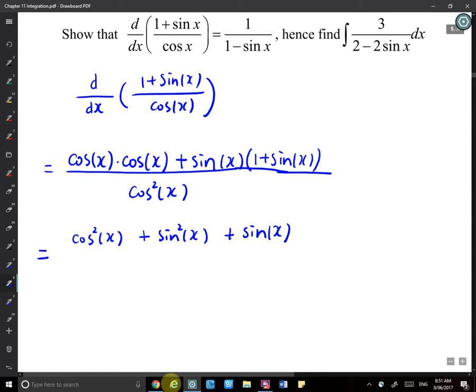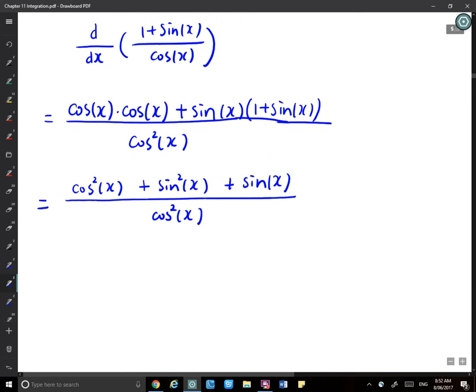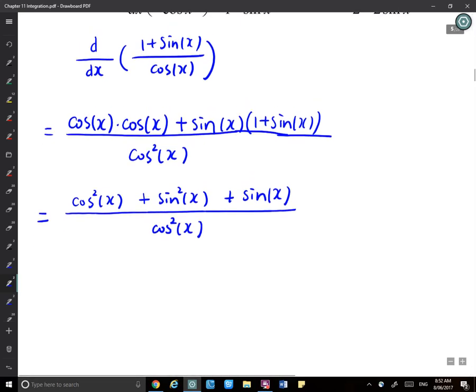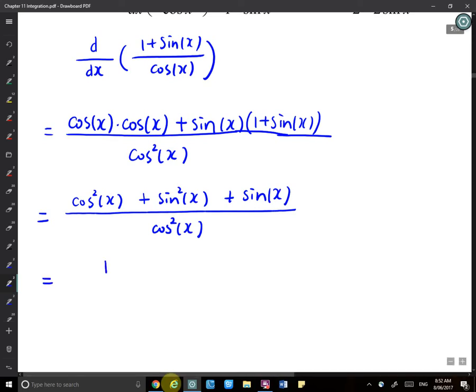Open the bracket, that's cosine squared, that is sine squared, and plus another sine x, over cosine squared x. What should I do next? Cos squared plus sine squared is 1. So what I have on top is 1 plus sine x.